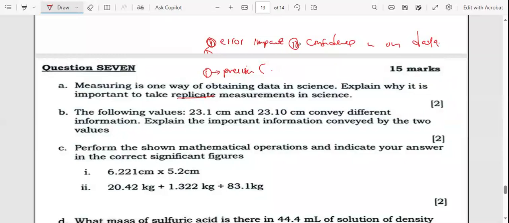In short, the precision was maintained, like a degree of measurements following each other, showing the same values. Those are the reasons why we do replicates.